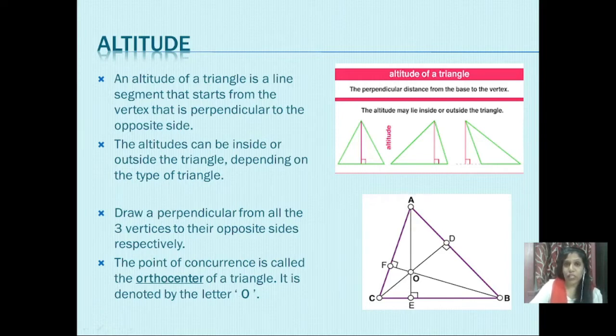This point is called the orthocenter of the triangle and it is always denoted by O. So when you draw perpendiculars from all the 3 vertices to the opposite sides, they meet at one point. The point of concurrence is called the orthocenter of the triangle. Remember this. Now we will do an activity to find the orthocenter and how to mark the altitudes of a triangle. Okay, so let us start.